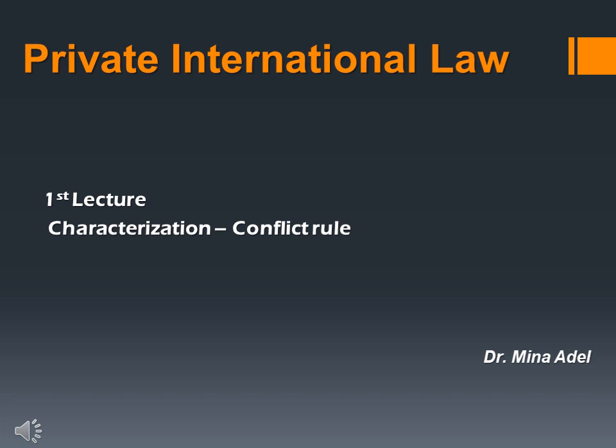And UniDroit sponsored several projects for the unification of substantive law, and we have many drafts of UniDroit principles, and of course these principles will help to harmonize private law and thus having the same solution everywhere, and this will reduce the phenomenon of forum shopping.